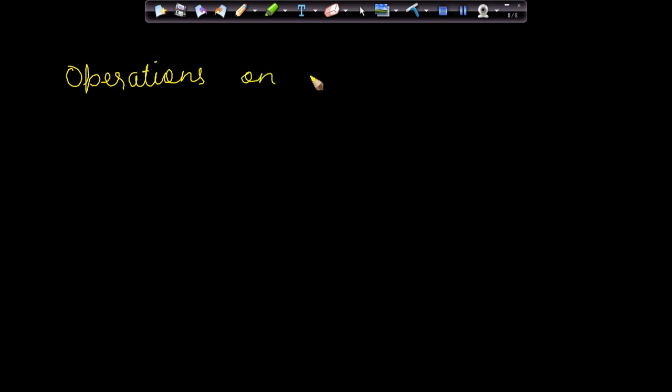First one is addition, for example 2 root 2 plus 3 root 3.